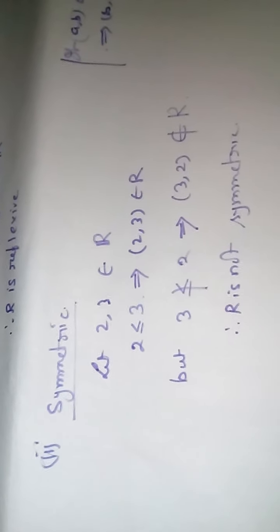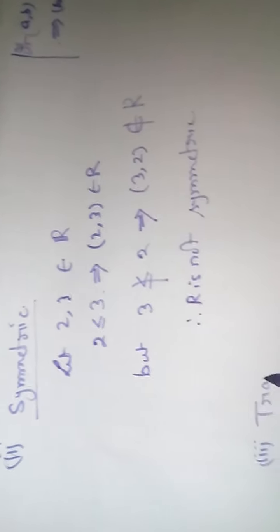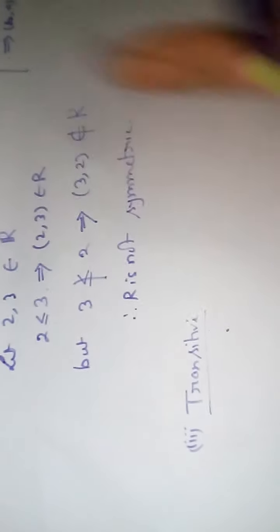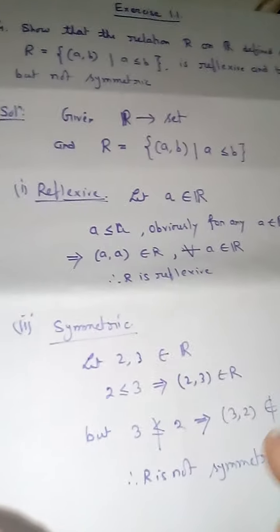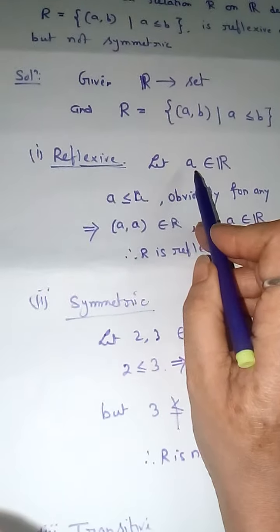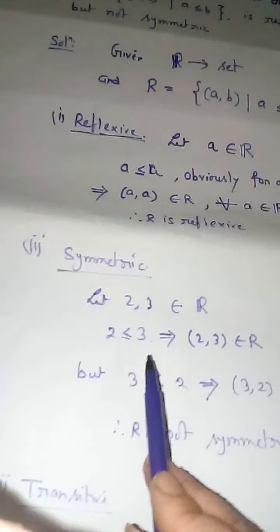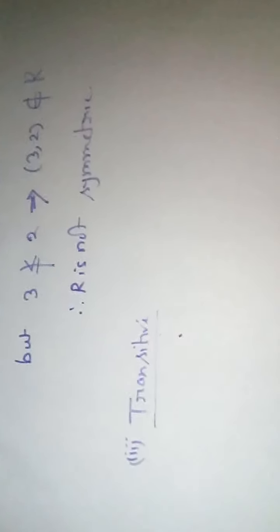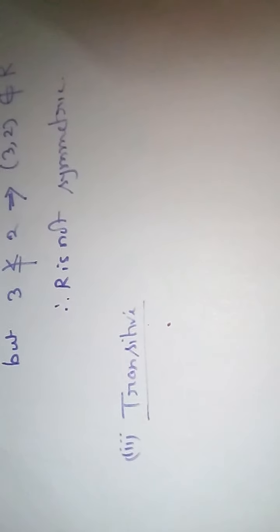Now I'm going to the third condition, that is your transitive condition. So you see, in the case of reflexive, we have to take one element, A belongs to R. In case of symmetric, we have to take two elements, 2 and 3 in R. And in the case of transitive, you see, first you check whether the transitive condition is satisfied or not.